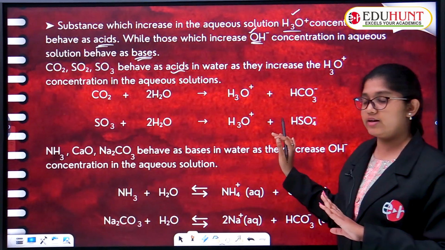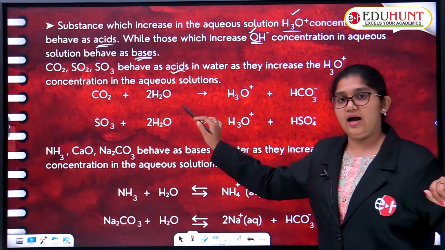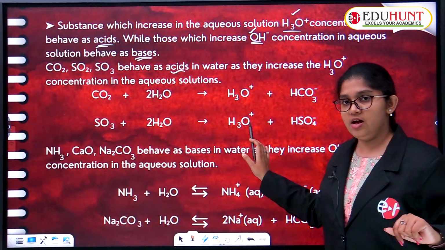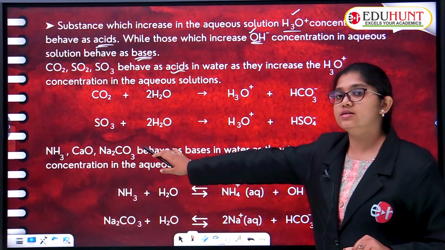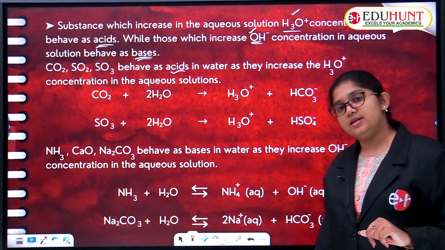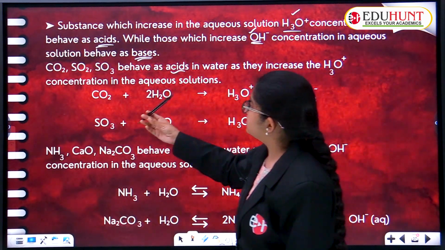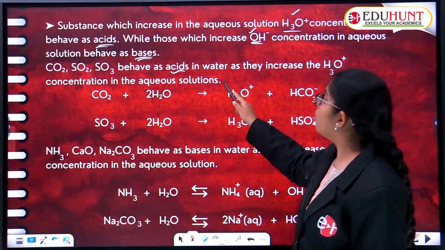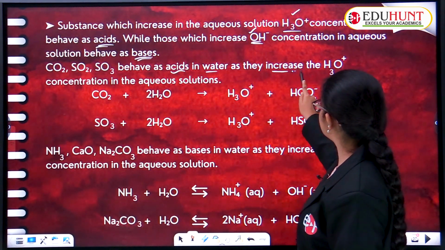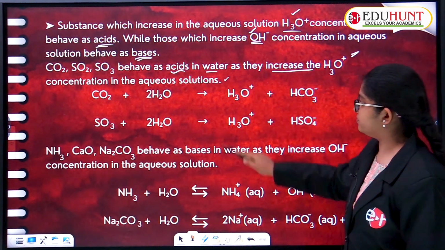That's the reason we are adding two water molecules for those acids, to give more liberation of H3O plus so that it behaves as an acid. Did you understand now? CO2, SO2, SO3 behave as acids in water as they increase the H3O plus concentration in the aqueous solution.